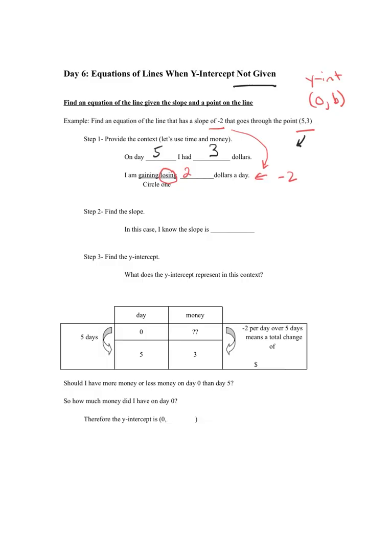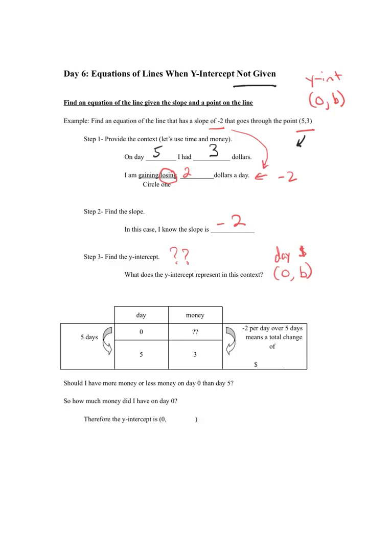So in this case here, the slope, right, is -2, but what we need to do is find that y-intercept. So the y-intercept, remember, if that's like a (0, b), some number, that would be like day 0 would be how many dollars? So how many dollars did I start with?